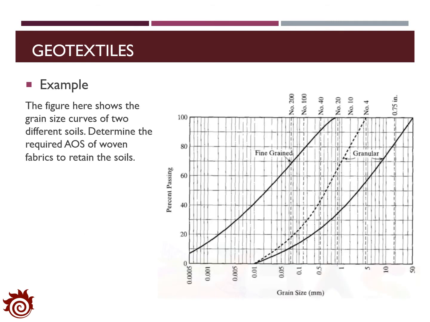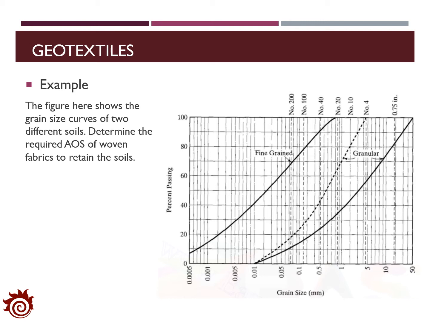Now let's take a look at one example to see how we can determine the range of AOS. In this figure, we have the grain size distribution of two different soils, fine-grained soil and granular material. It wants us to determine the required AOS of the woven fabric to retain the soil.